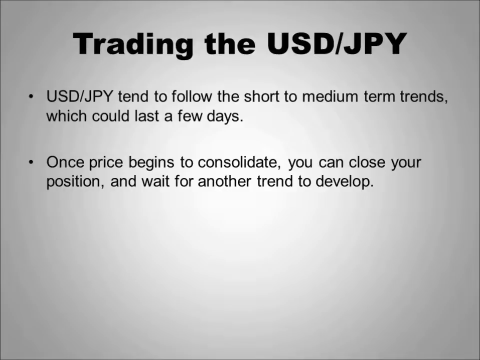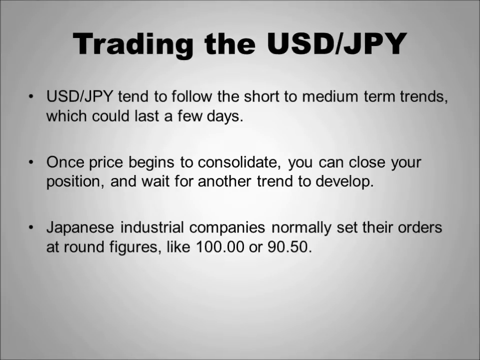And trends happen very quickly in this pair. So if you are a day trader or an intraday trader, this is also a good pair for you to trade on, because there's a lot of volatility and the trends in this pair are very strong.